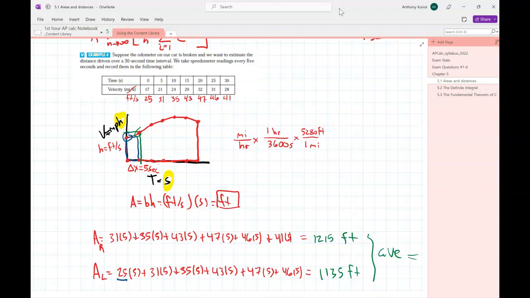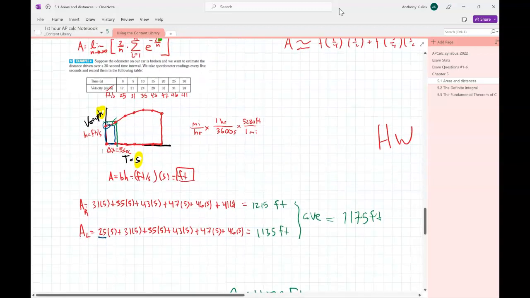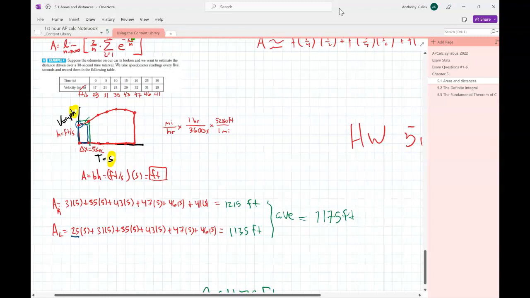If we wanted a better estimate, what would we have to do? We'd have to redo the sample, taking readings every 4 seconds or 3 seconds or 2 seconds or 1, just more samples where the change in x is smaller is going to give me a more accurate estimate, right?